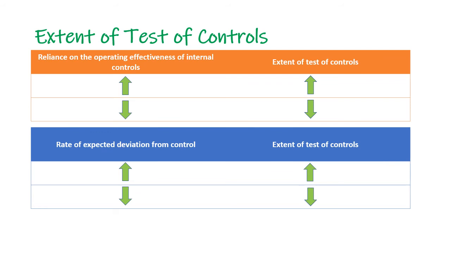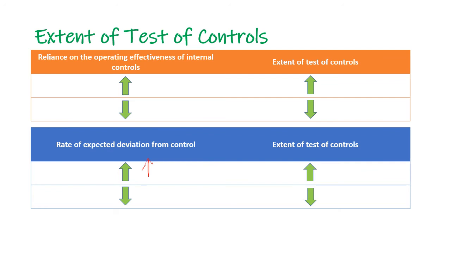So if the rate of the expected deviation is expected to be too high, kung grabe na sad kaayo, ang atong expectation is mas daghan pa gyud ang mga deviation. So the auditor may determine the test of controls for a particular assertion may not be effective.